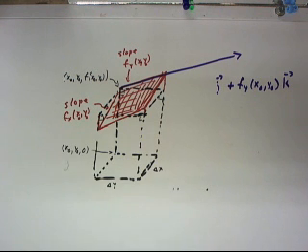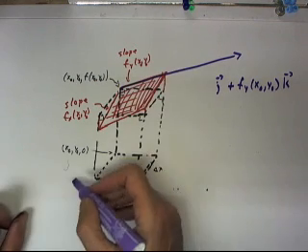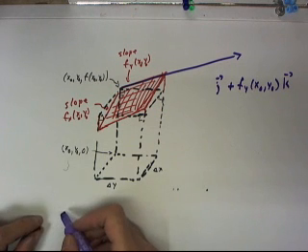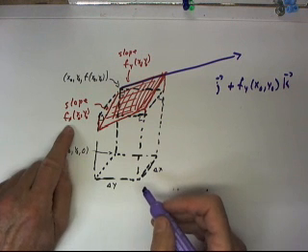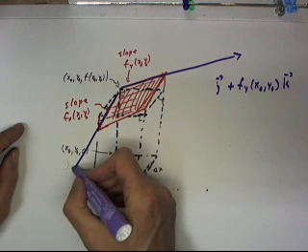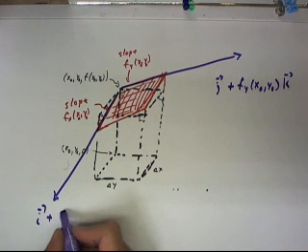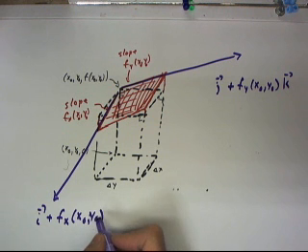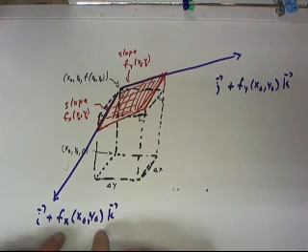Similarly, we could have a vector, if we move a unit distance in the x direction, then we will have moved along in the x direction along the i vector. In the vertical direction, we're going to have moved a distance fx, or a displacement fx. And that's going to give us the vector i plus fx of x naught, y naught, k. Now we're beginning to get a picture.